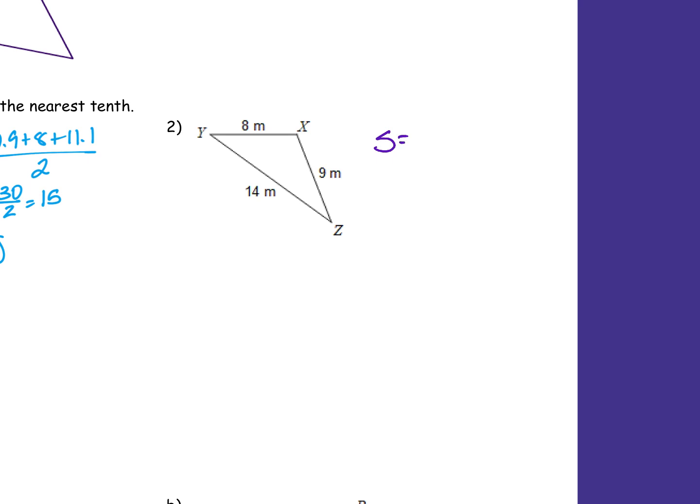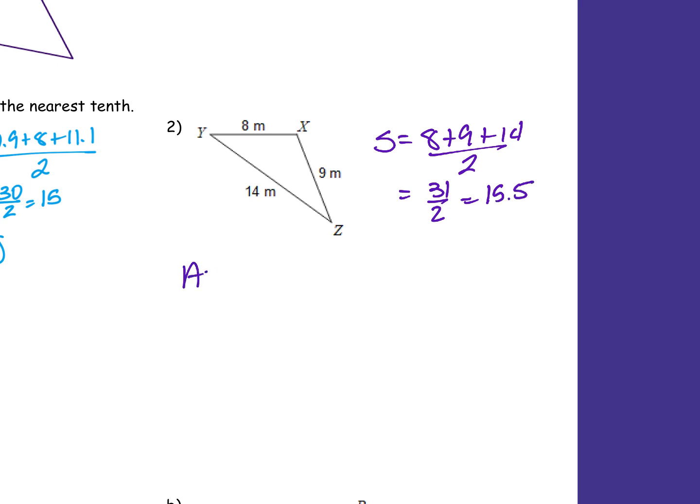So S is going to equal 8 plus 9 plus 14 divided by 2. So we've got 8 plus 9 plus 14, which is 31, divided by 2. So that's going to be 15.5.